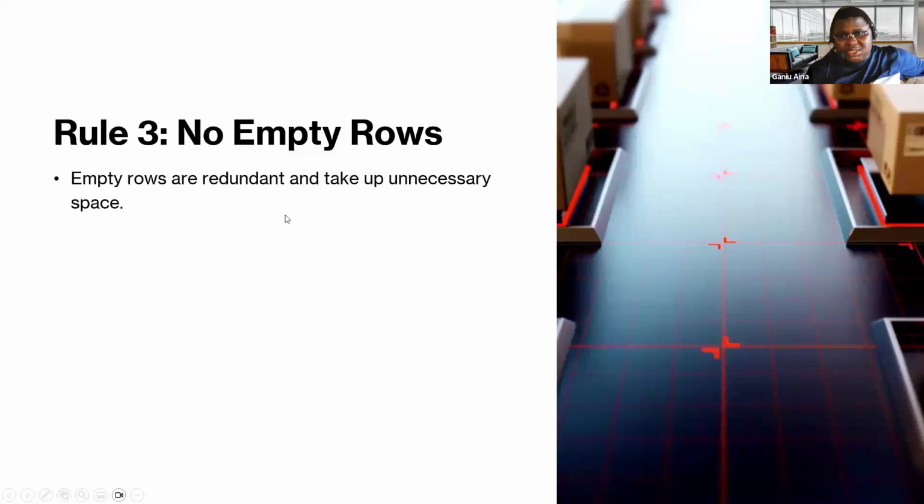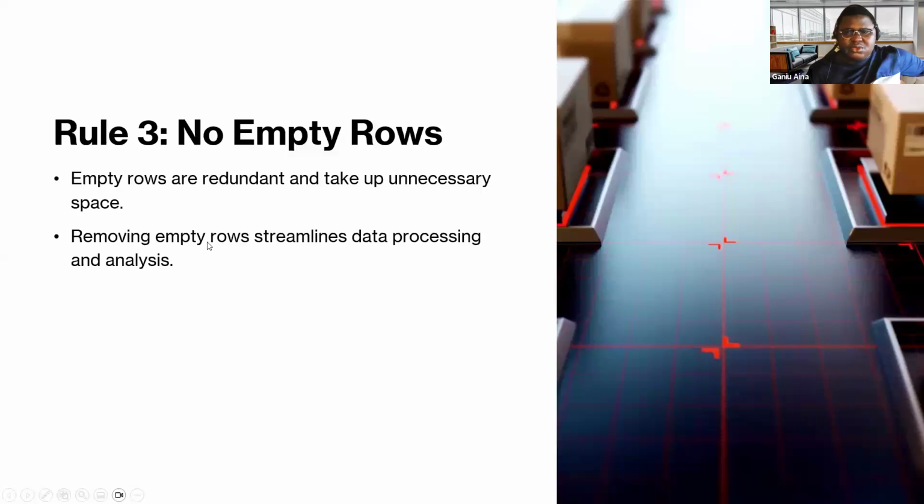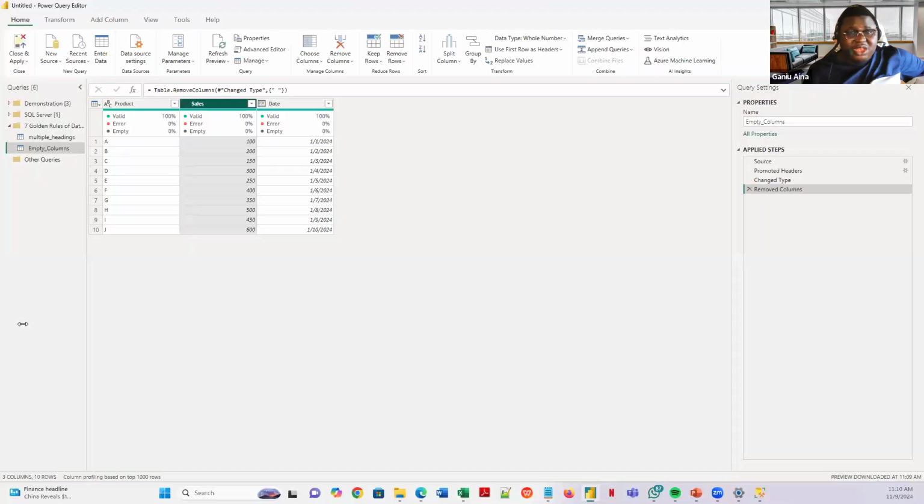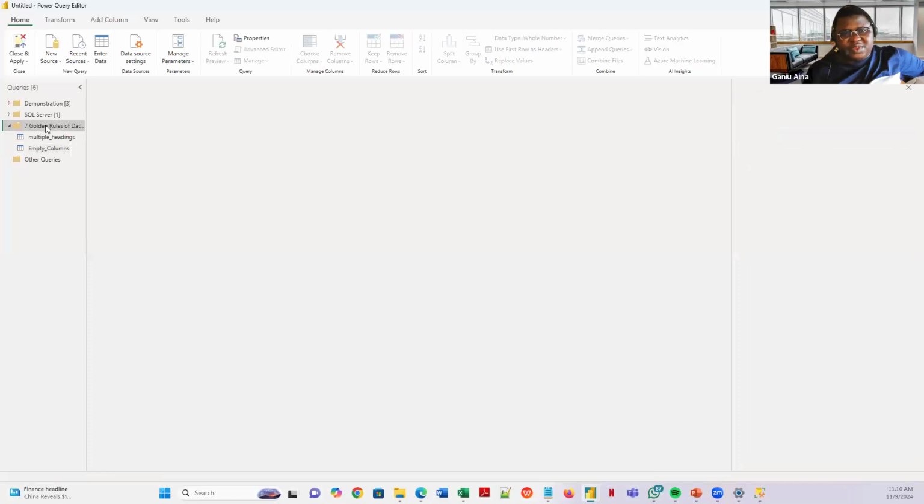Also this takes space. The way it affects empty columns, it also affects empty rows. If we remove it, it will make our data clean. I will not be demonstrating in Excel again because of time.